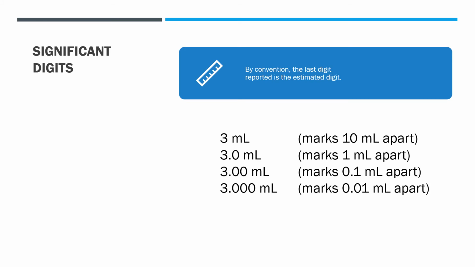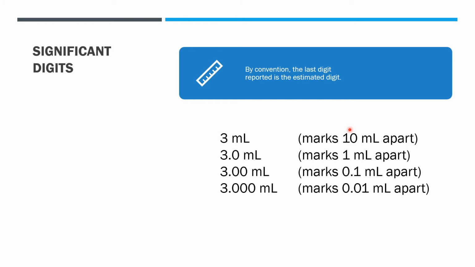Another thing that the significant figures convention does for us is that it lets us visualize the scale that someone read a measurement off of. So you're supposed to read to 1/10 of the smallest scale division. If you read 3 milliliters, you're telling someone that this is give or take a milliliter, and that's 1/10 of the smallest scale division.